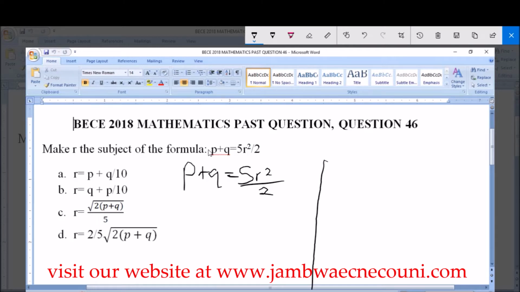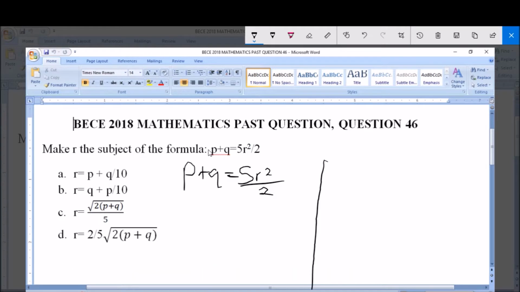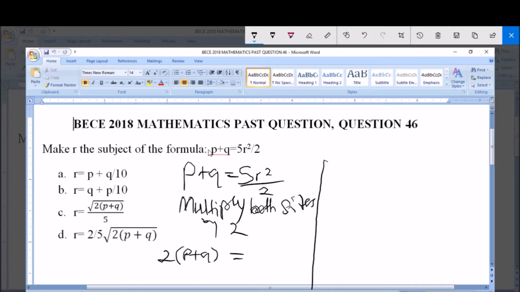To remove this 2 from both sides, we simply multiply both sides by 2, and so we have 2 into P plus Q is equal to 5R squared, because multiplying by 2 cancels this 2, leaving 5R squared.